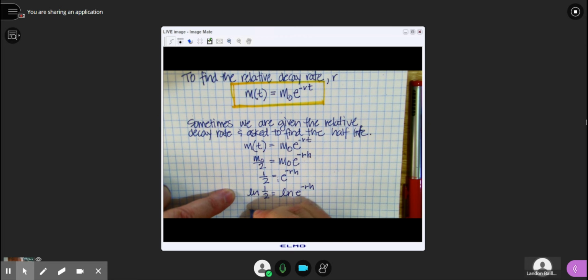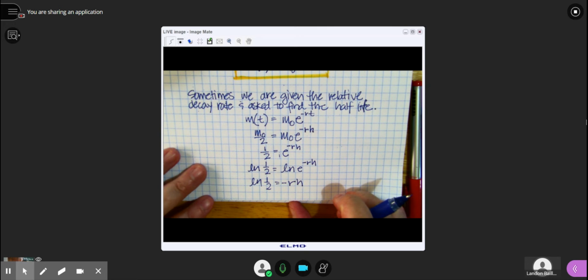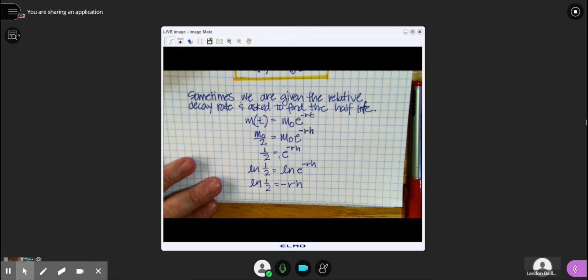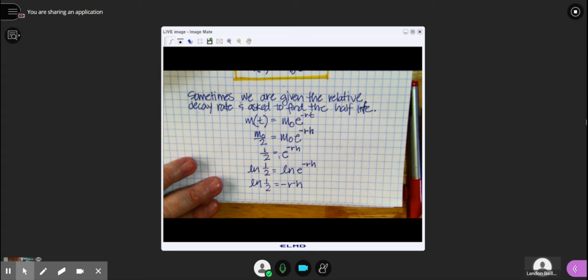And I'm just going to have the ln of 1/2 is equal to a negative rh. Well, the negative rh could come out front. Then ln e is just 1.